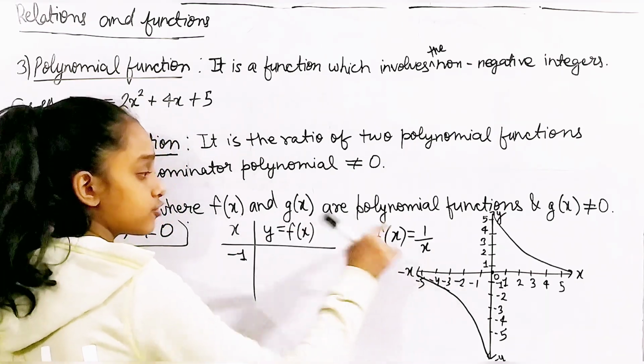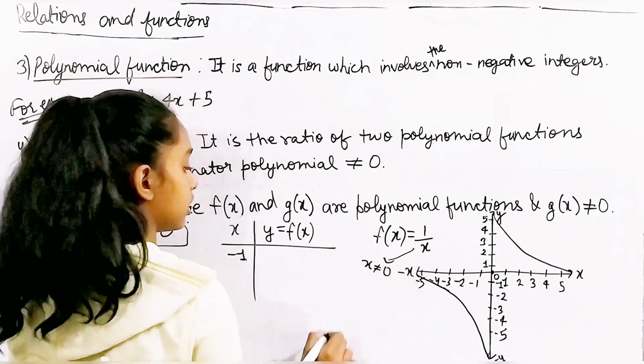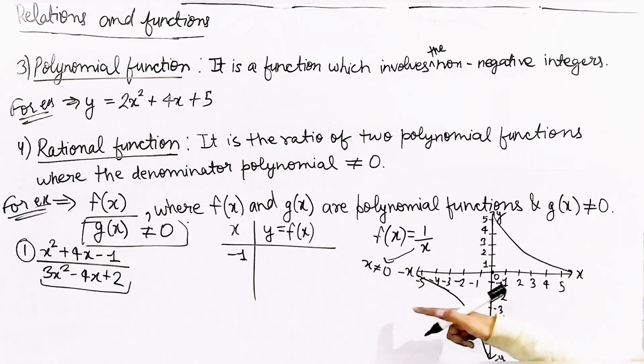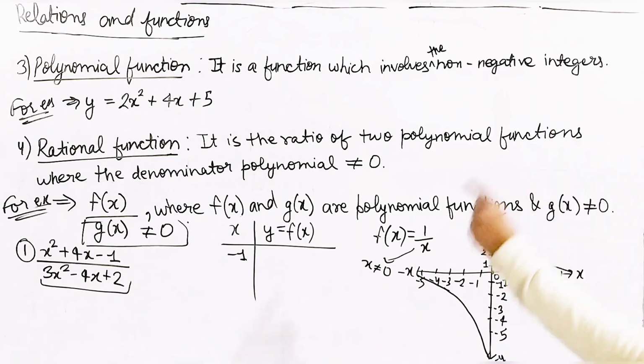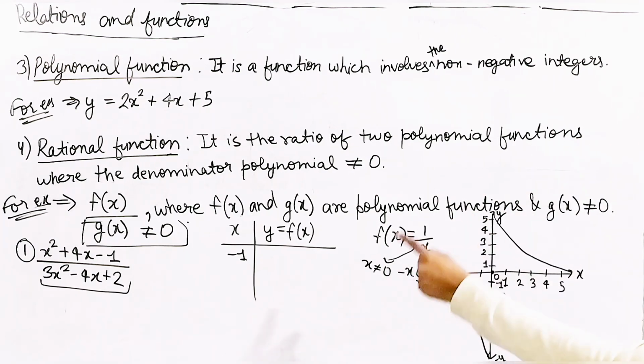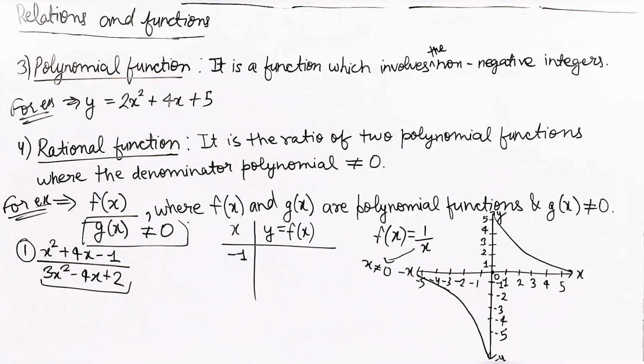One thing you have to keep in mind is that x is not equal to 0, so that the denominator polynomial is not equal to 0. So if my x value is negative 1, what's going to be the output? Can you just guess it?